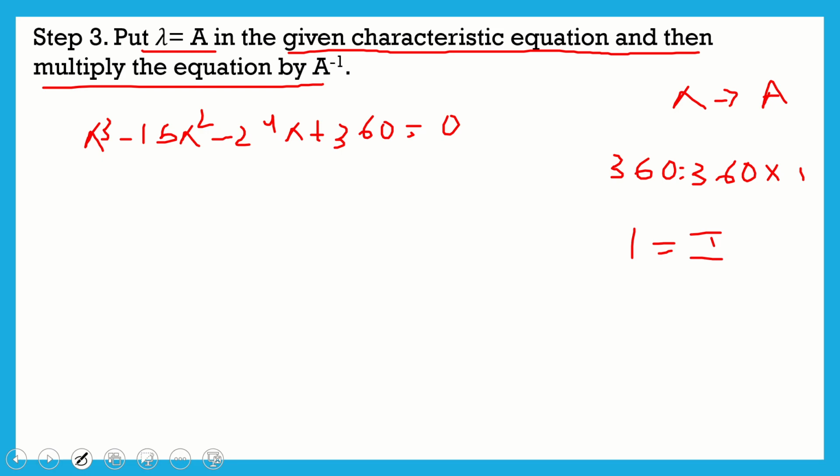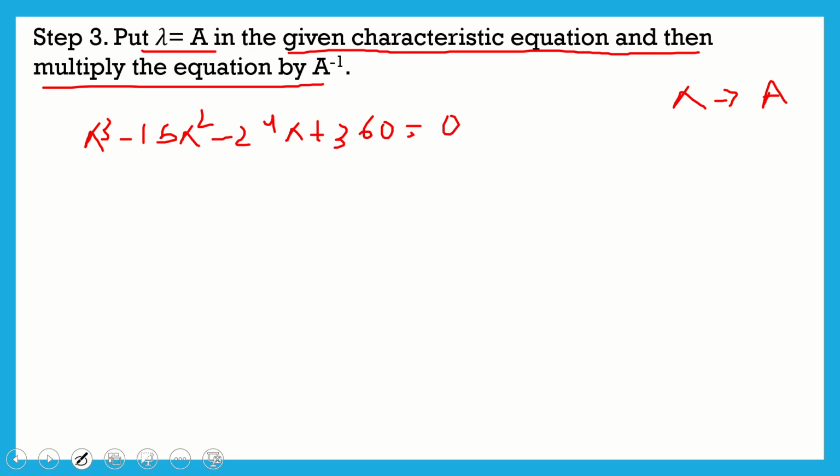Because the determinant of I is 1. So you can think, if I have to find the determinant of 360I, I will get 360 only, right? I hope you are able to follow.